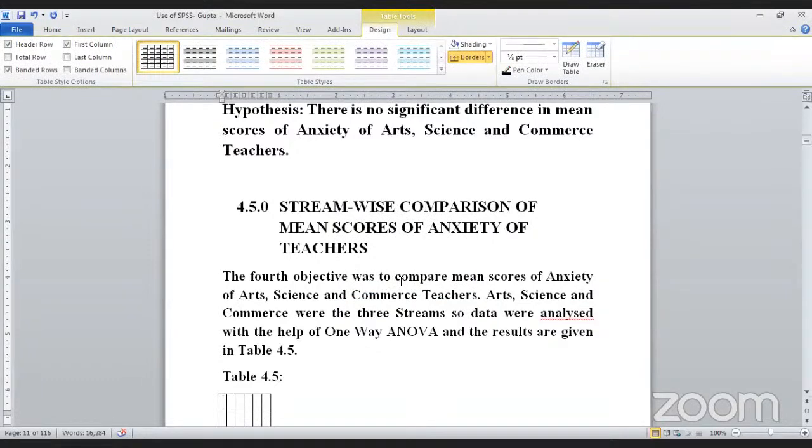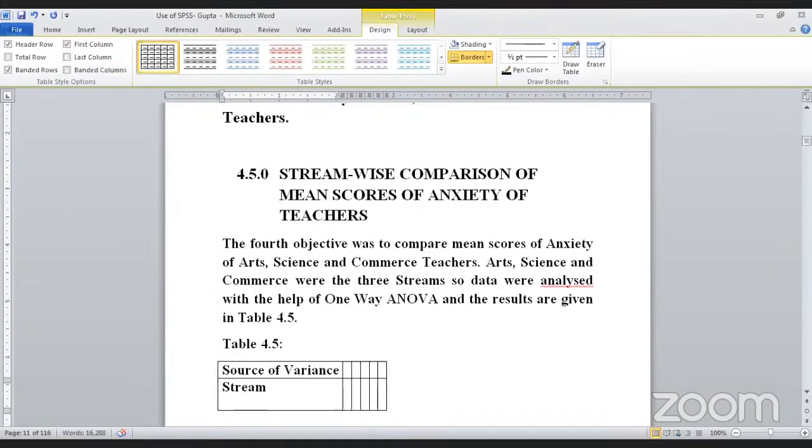Now here, now I have to write source of variance, because you know the variance means the differences. There are three sources of the differences. One source of the differences is because of the stream, and another is your error, and another is your total.